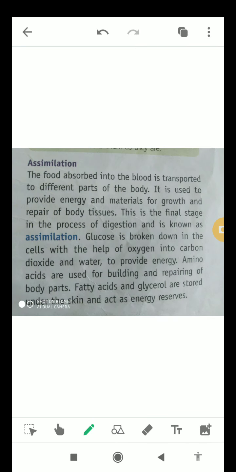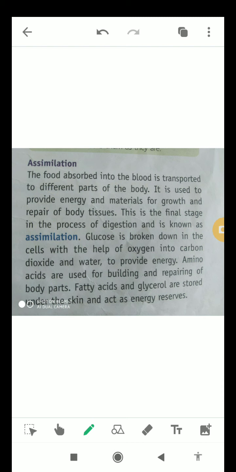Now the next slide. Now I'll let you know about the assimilation process. The food which is absorbed into the blood is transported to different parts of the body to provide energy and also the materials for growth and repair of the body tissues.